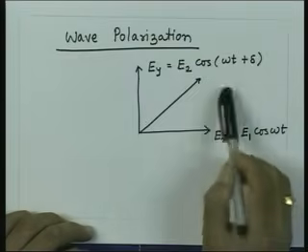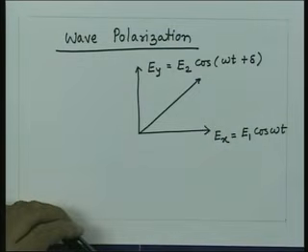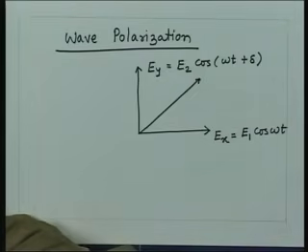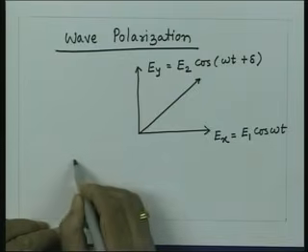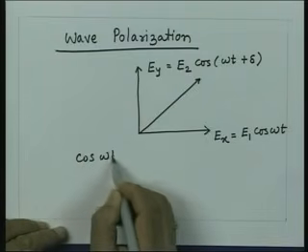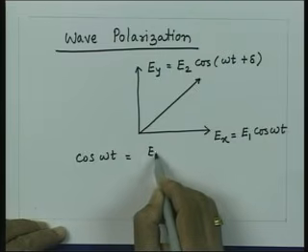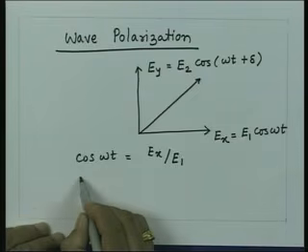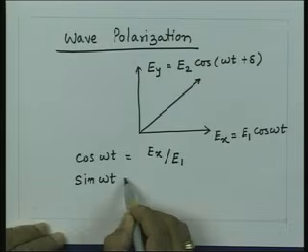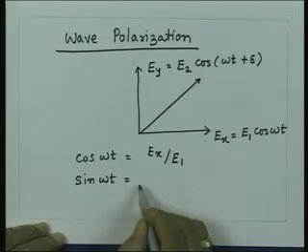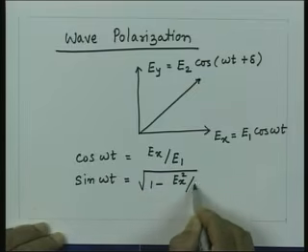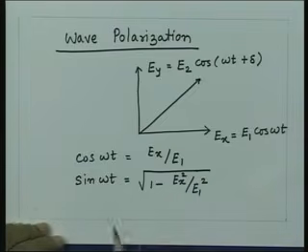So, at any location, this is the time variation which I am going to get, and by eliminating the time parameter, essentially I can get the locus of this curve. So, from this equation I have cos omega t equal to Ex upon E1, and from here I will get sin omega t equal to square root of 1 minus Ex square upon E1 square.